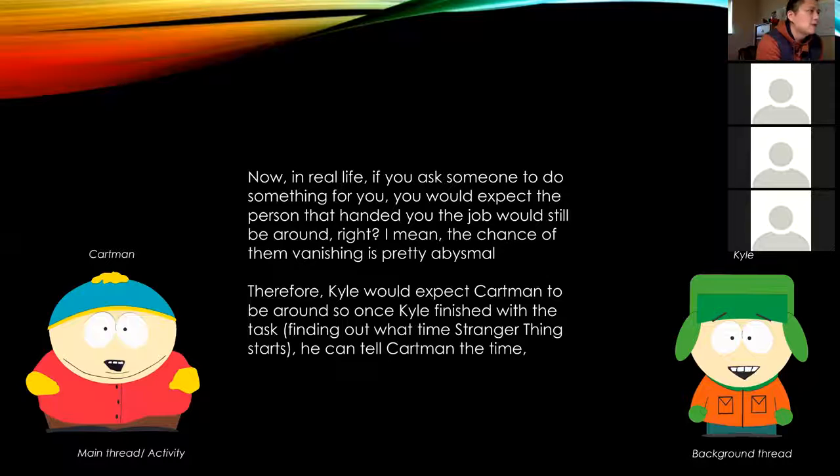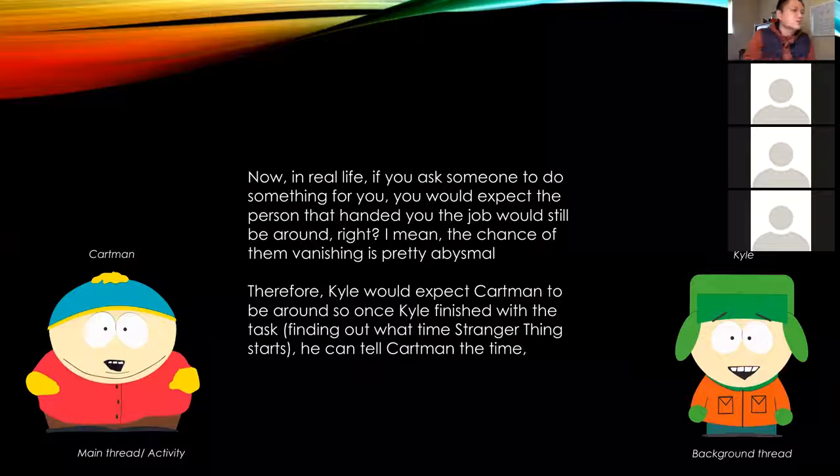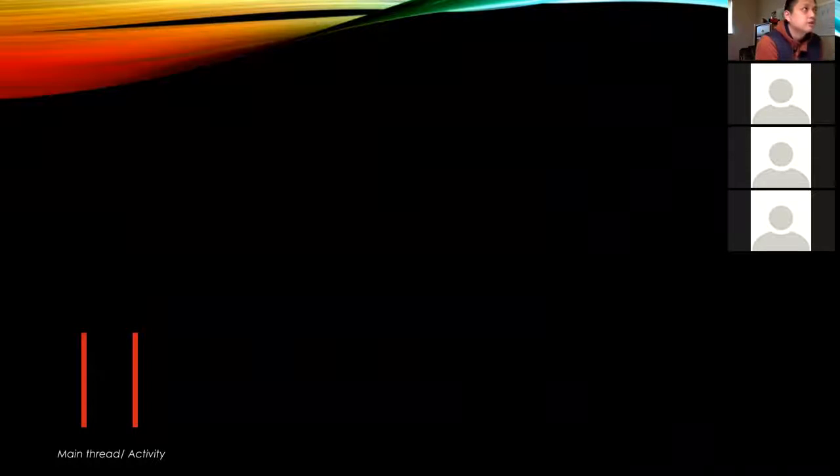So therefore, Kyle would expect Cartman to be around, since Kyle finished with the task and he can tell Cartman the time. So why would this be important? Well, if you look at the async task, when the course introduced the threading part, they started with the async task and then the AsyncTaskLoader.